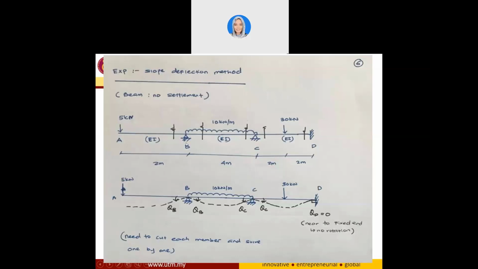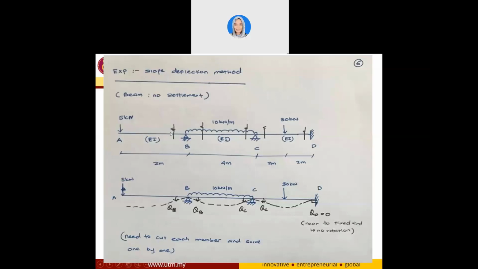B is supported by a pin, C is also supported by a pin, and D is supported by a fixed support. Using the slope deflection method, we have already determined the internal moment at both ends of the members after cutting them.